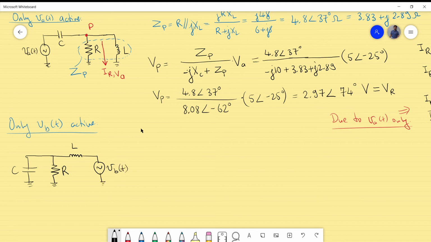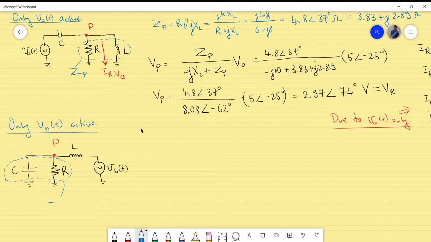Again, the same procedure I can apply here. I can say, okay, this point can again be designated as point P. And I have now this complete impedance here, and I will use that to determine the new impedance, and I will use again the voltage divider rule.